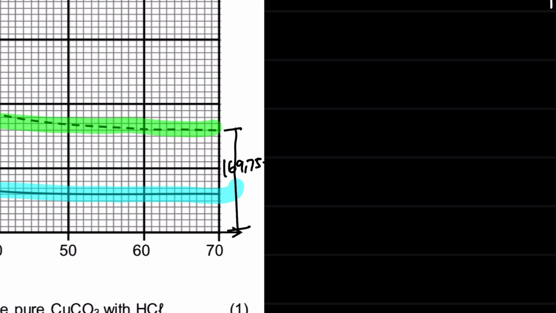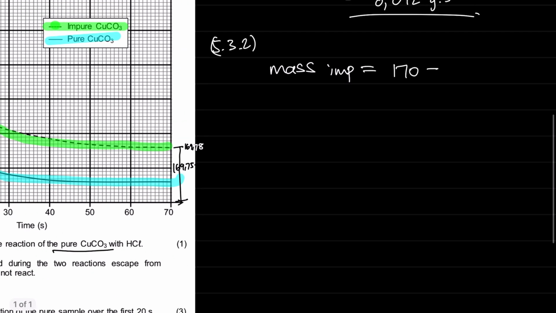So this point right here would be 169.78, and so we can subtract this. So 170 minus 169.78 gives us 0.22 grams that reacted.